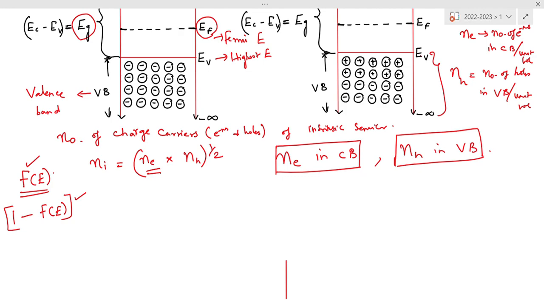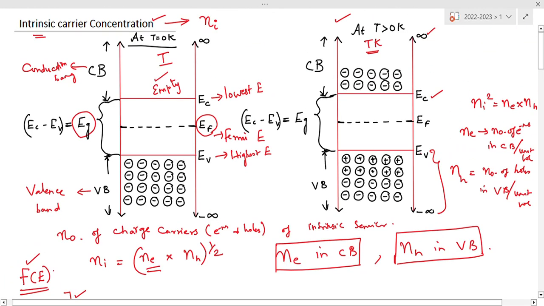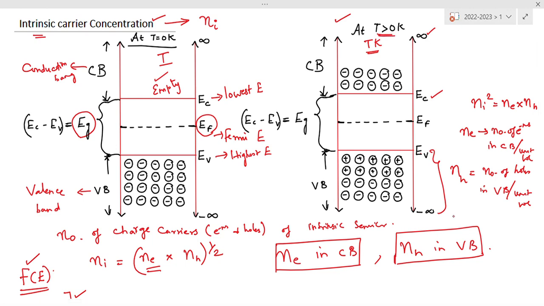So now when the temperature is increased above 0 Kelvin, the electrons in the valence band will be moving to the conduction band.